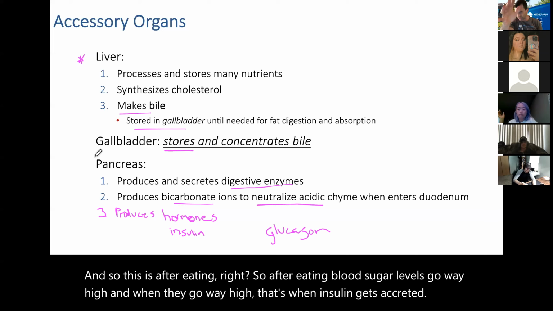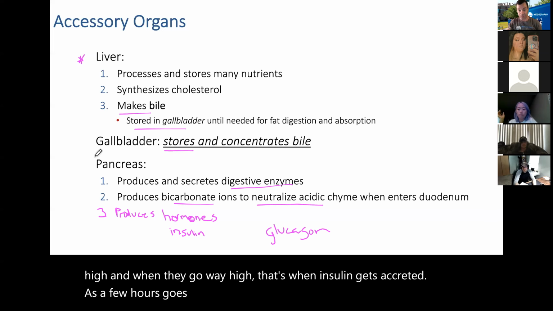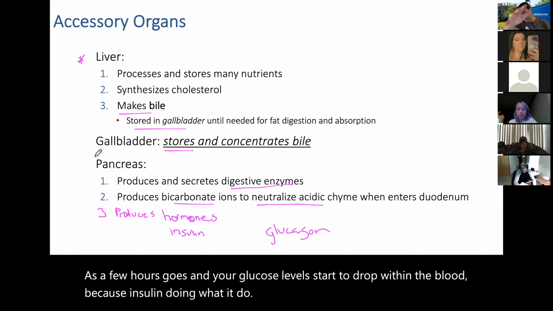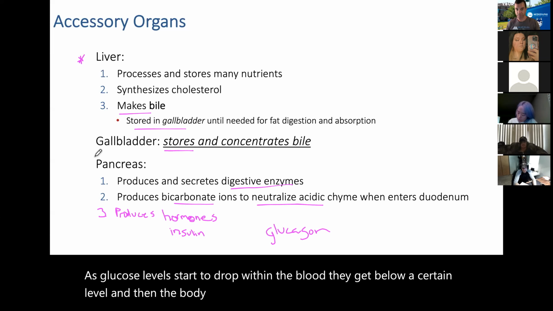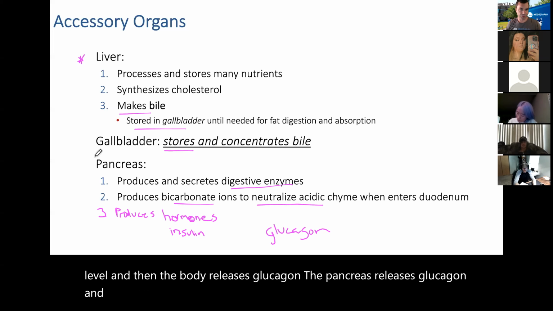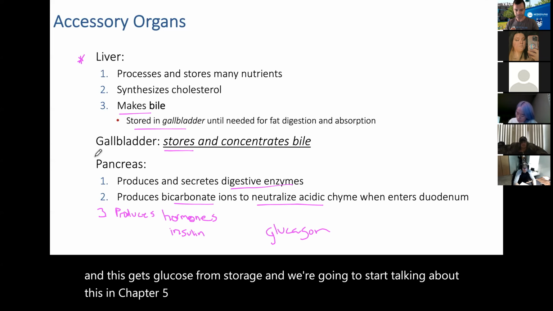As a few hours go by, your glucose levels start to drop within the blood, because insulin is doing what it does. As glucose levels drop below a certain level, the body releases glucagon. The pancreas releases glucagon, and this gets glucose from storage. We're going to start talking about this in chapter 5 in just a little bit.